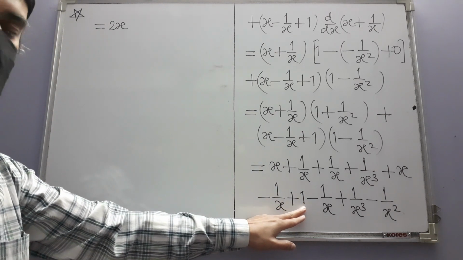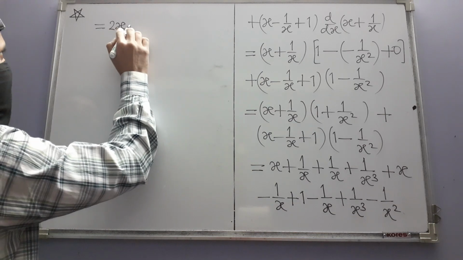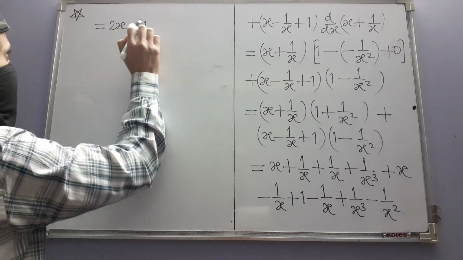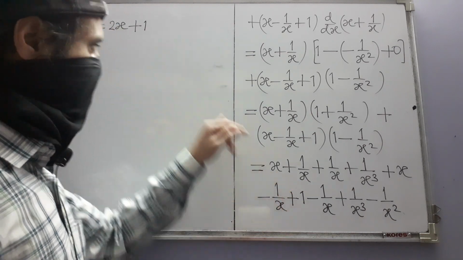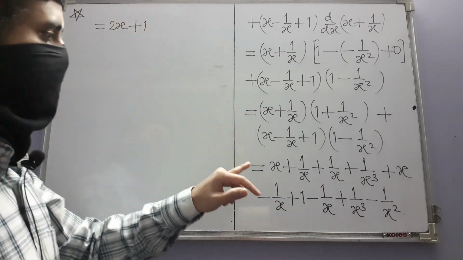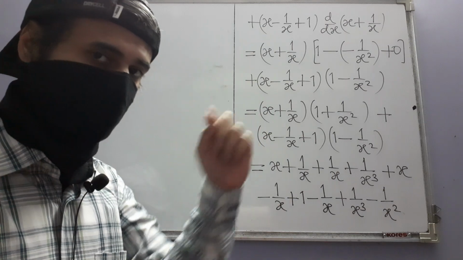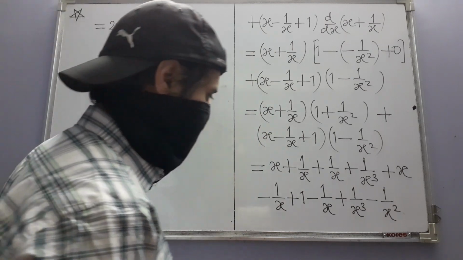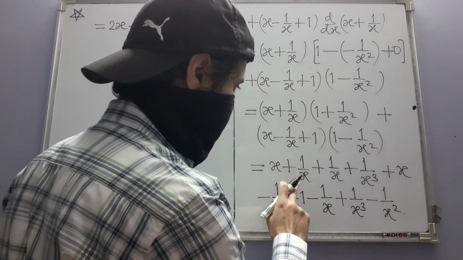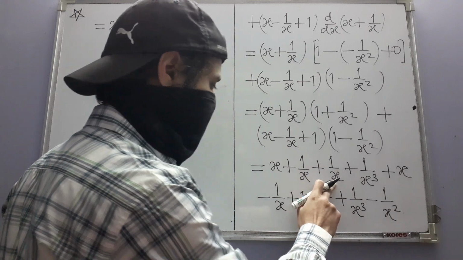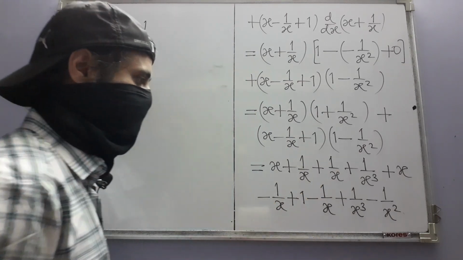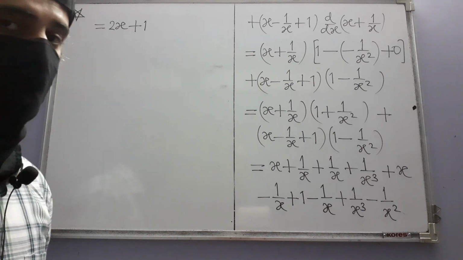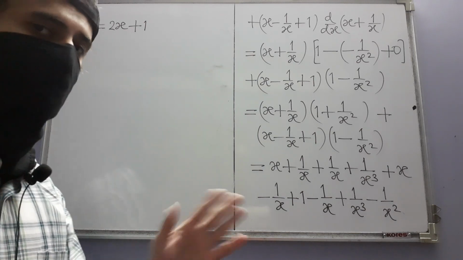There is only one constant here, 1 plus 1. Then x to the power minus 1, that means 1 divided by x. Here we have 2 of them, and here we have 2 of them but with minus sign. So they get cancelled. So there is no net 1 over x.